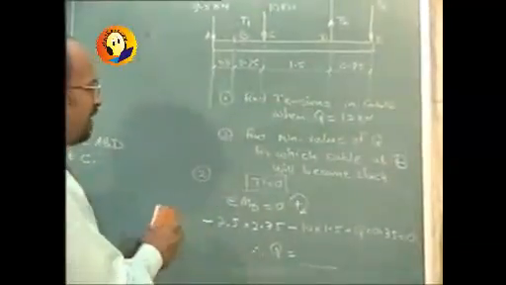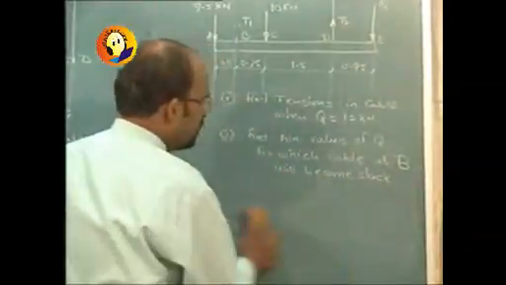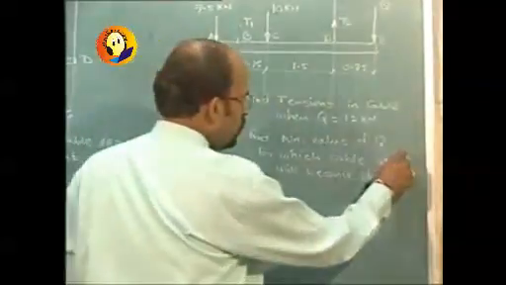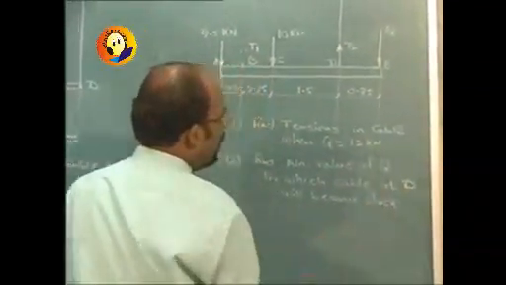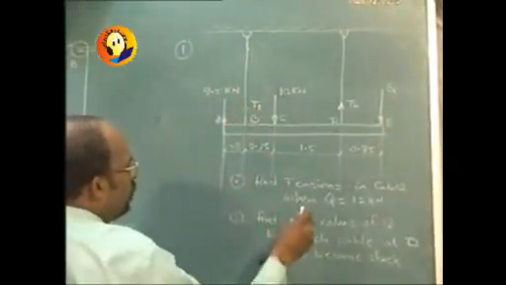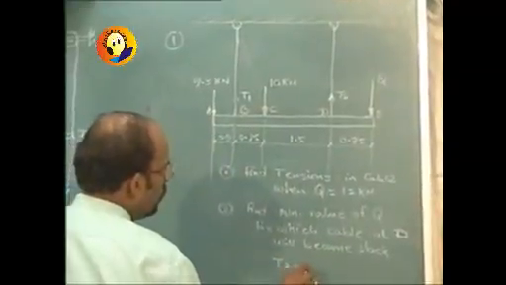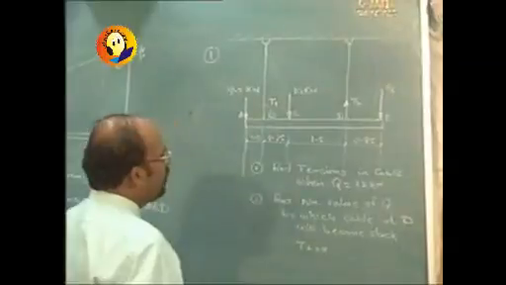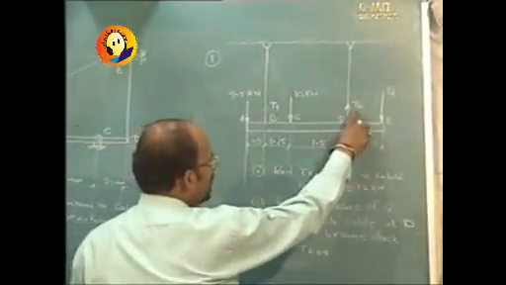Now if the cable at D is to become slack, in that case we will be considering T2 to be equal to 0, and Q should be the force which will be responsible for making this particular tension T2 zero.